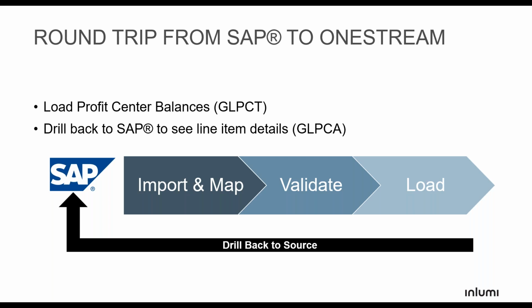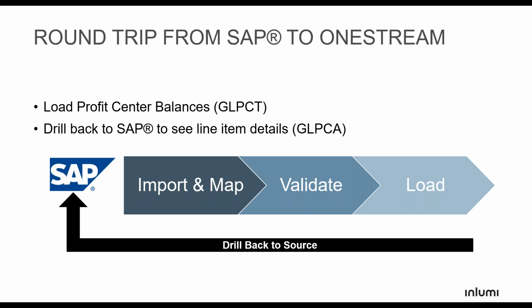In this example, I'm going to load profit center balances. They are loaded from a system table, stored in an SAP system table called GLPCT. And then, of course, I want to drill back to see the line item details, and they are stored in a table called GLPCA.